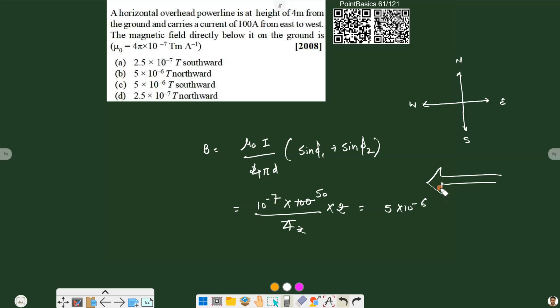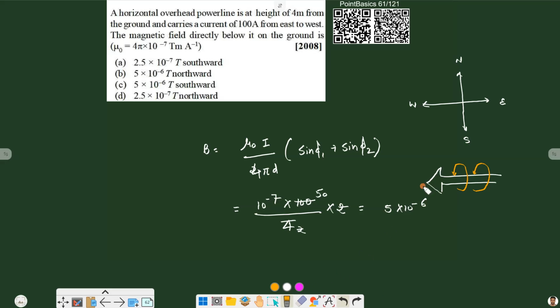Now using the right hand screw rule, we can say that the direction of the magnetic field will rotate in this manner. So on the top side of the wire, the magnetic field will be going from south to north, and on the bottom side of the wire, the magnetic field will be coming from north to south.